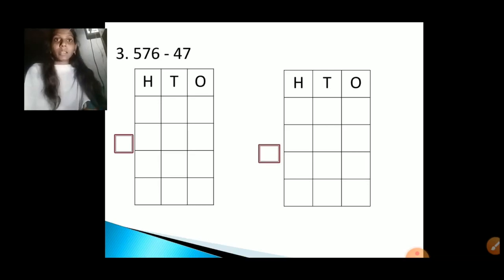See this. Third sum. 576 minus 47. Here you have to write these numbers. You have to place these numbers at correct place first, and then you have to solve that. Right? You remember? Very good. So third sum is 576 minus 47.